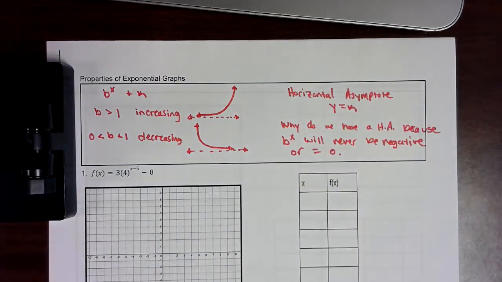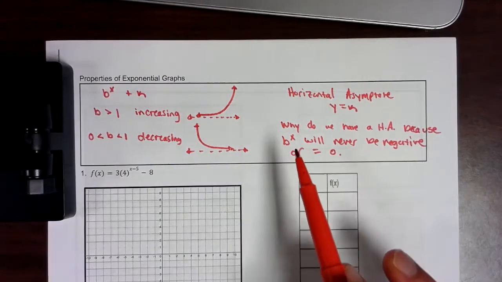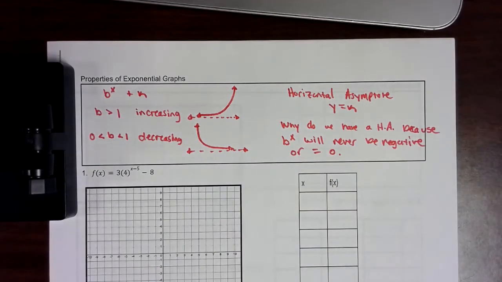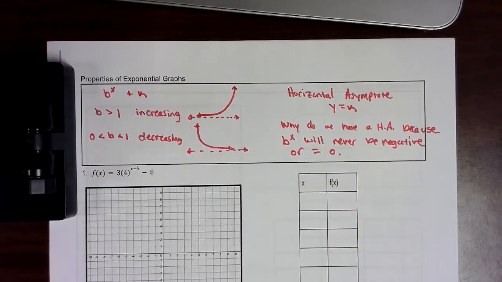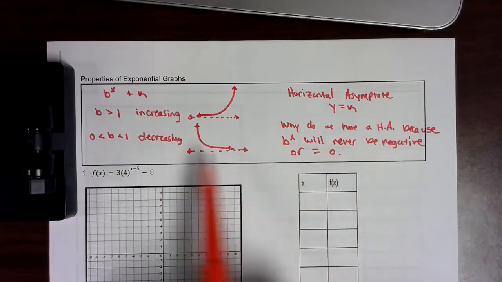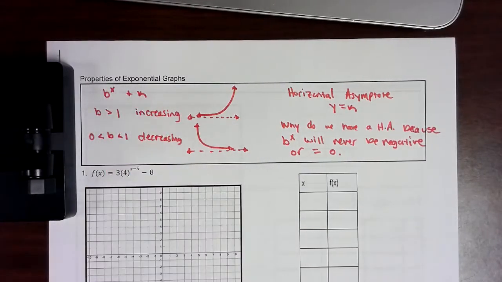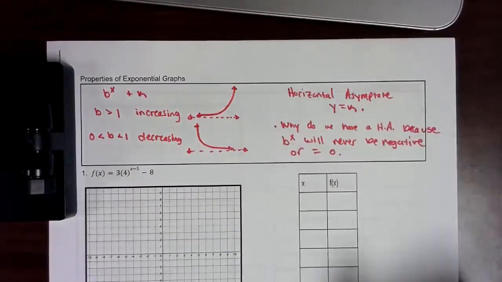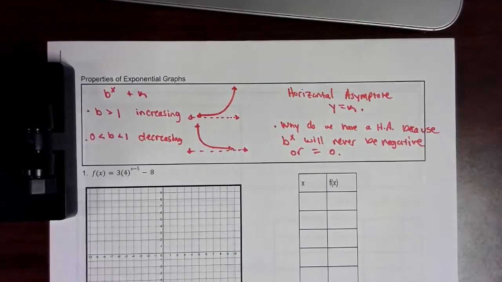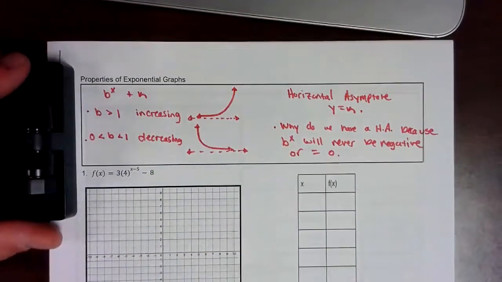We can get b to the power of x to be very, very small, right? If that exponent's negative, like 2 to the power negative 100, that's a really small decimal. So it's really close to 0, but not 0, and definitely not negative. Because of the values that we can get from b to the power of x, our graph will always approach that k value. Really important that we know the equation, why we have one, and whether or not our function is increasing or decreasing. Right, so those are just some basic properties.